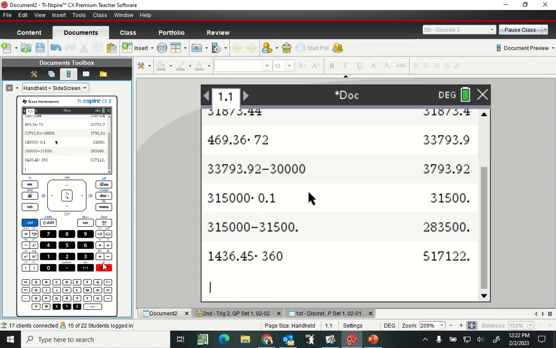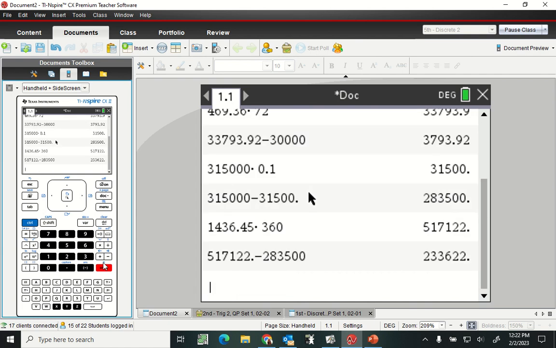So that is my A value, my future amount. Subtract my present value, which was what I initially borrowed, 283,500. Over $200,000 in interest.